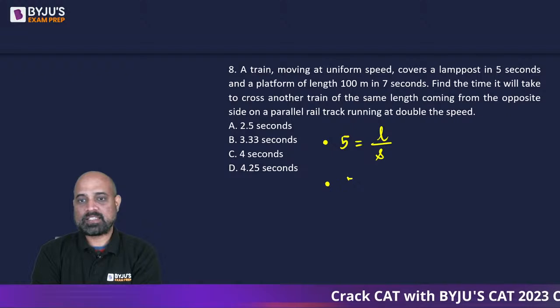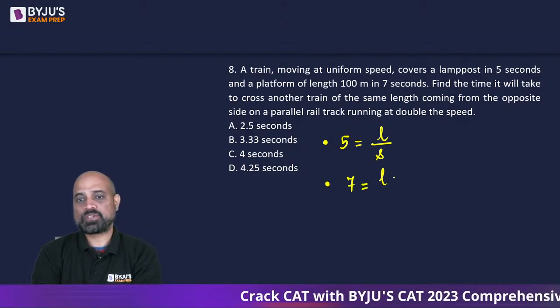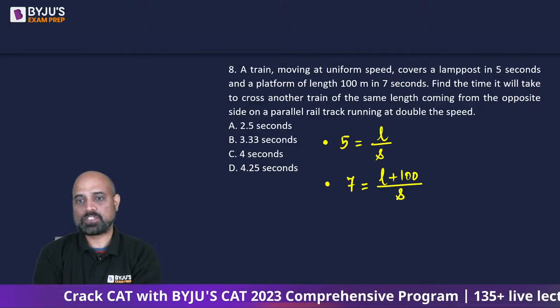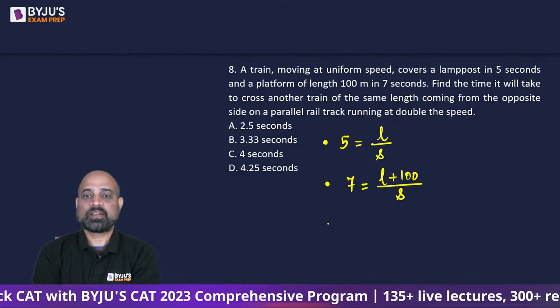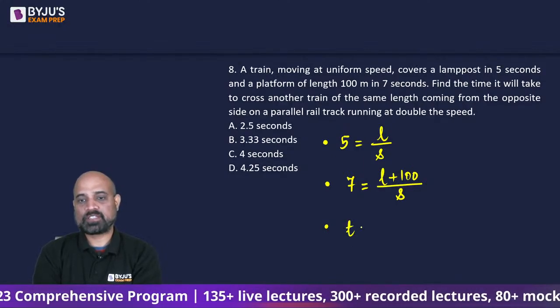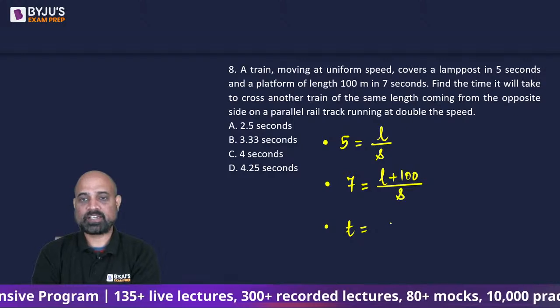Second is, in 7 seconds, the train is able to cover its own length plus 100 meters of the platform at its own speed. The third thing that is asked is, how much time will this train and the other train take?